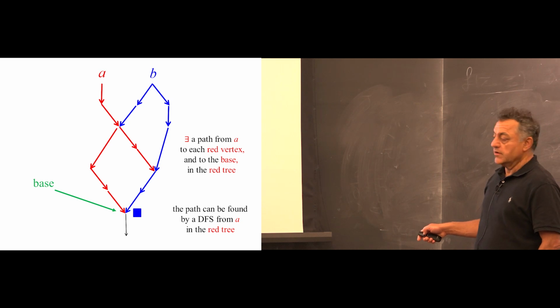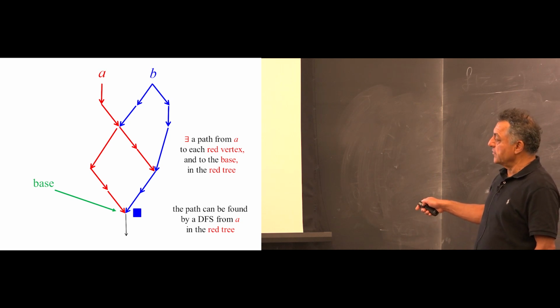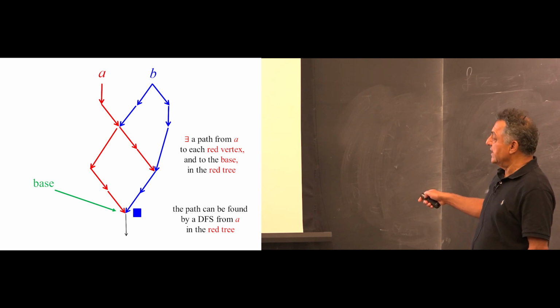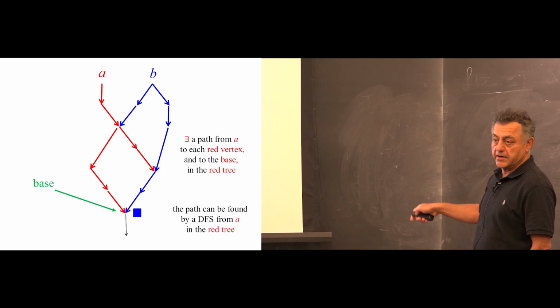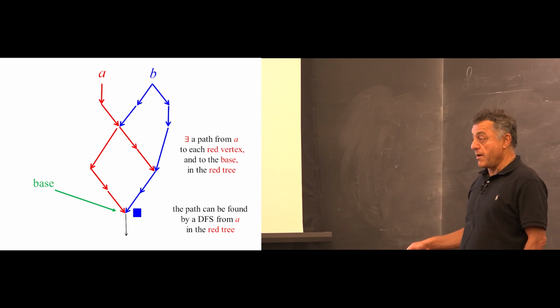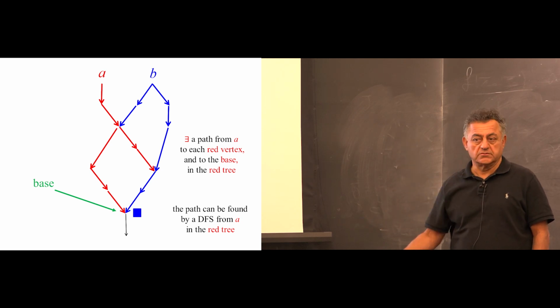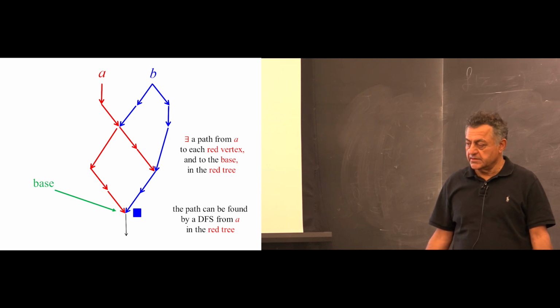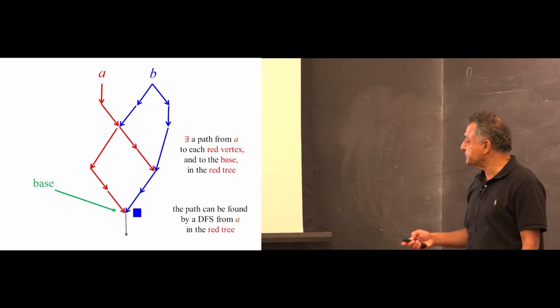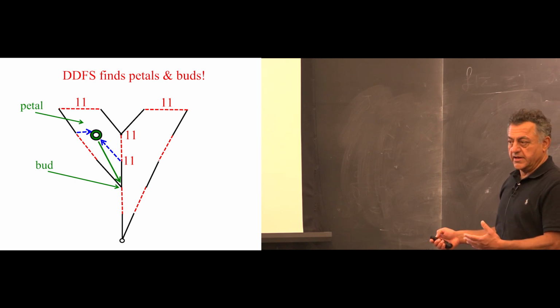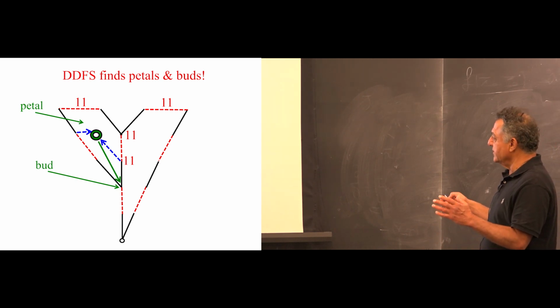We'll always be finding a path from A to one of the vertices, maybe the red vertex, and from B to the base, or from B to one of the vertices and from A to the base, in order to find the long path through the blossom. If we are finding the short path, then we just go down predecessors and be done. Is that reasonable?